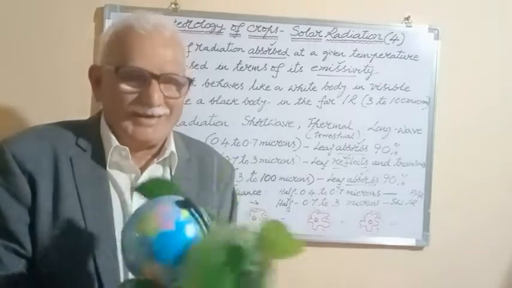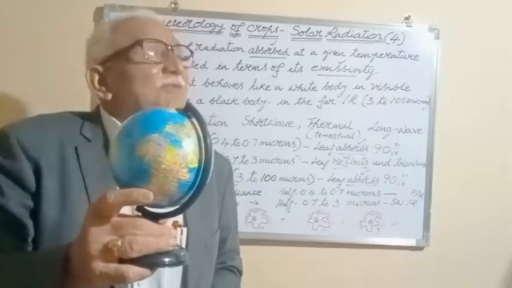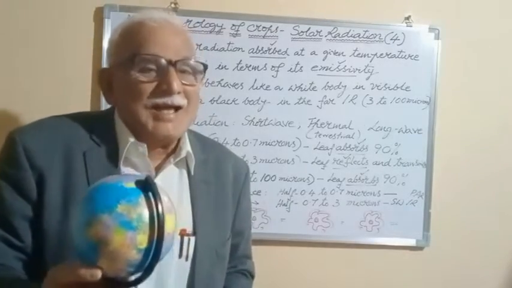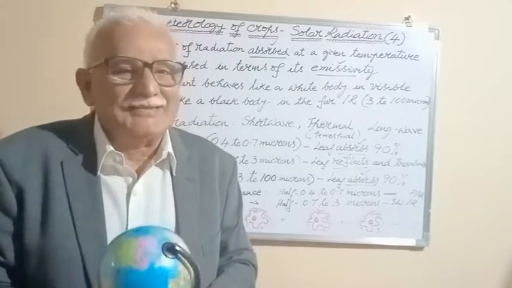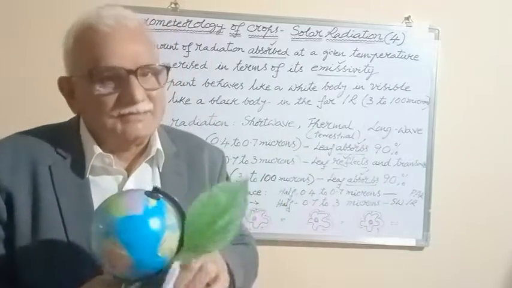Presume that this is the earth. Orientation of the earth with reference to the sun. So, seasonal and annual variations of radiant energy received by the plant are influenced.